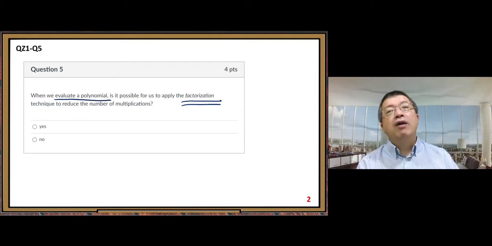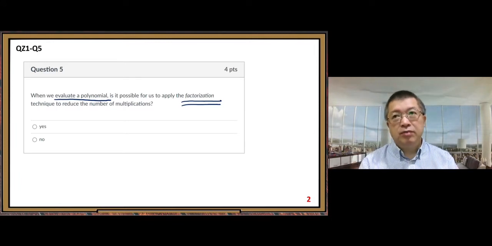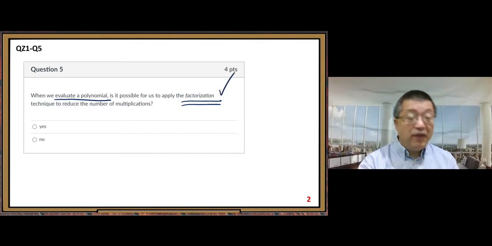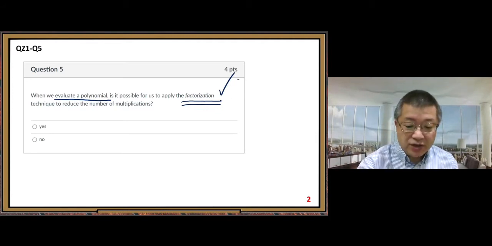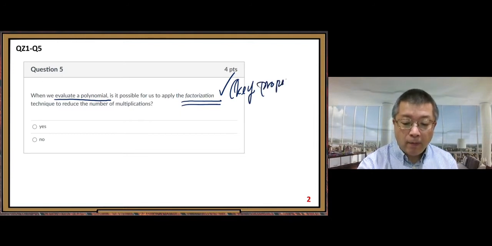Think about how we got Horner's rule. That procedure, that analysis procedure, how did we get that? We did factorization. That's the key property. We use the factorization property in our development. So recall that.